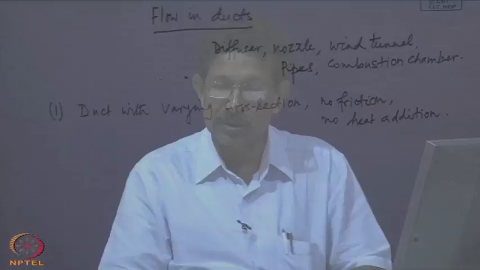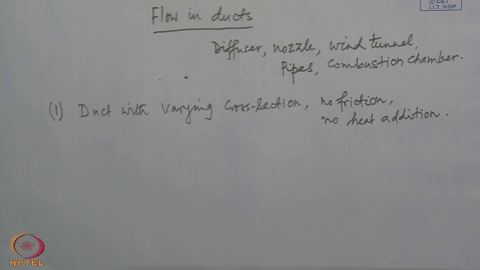Then you have seen that the flow can reach sonic if there is a throat in the duct, and supersonic flow accelerates in a diverging duct, contrary to subsonic flow. And this, as we have discussed earlier, can happen because in a supersonic flow the density increase is so fast that to compensate for the same amount of mass flow, both area and velocity need to increase.